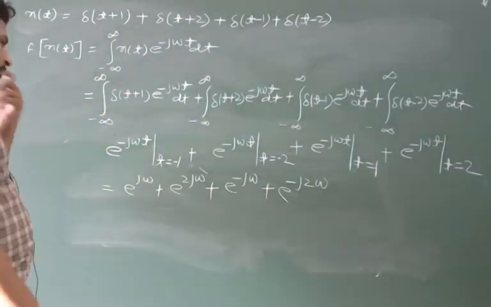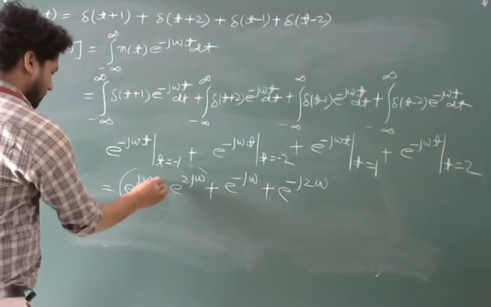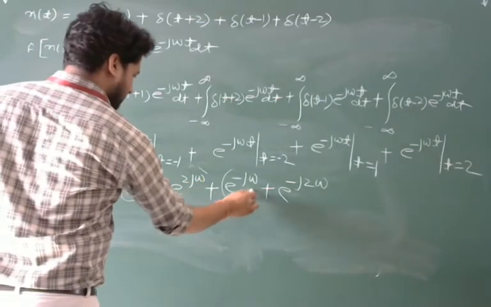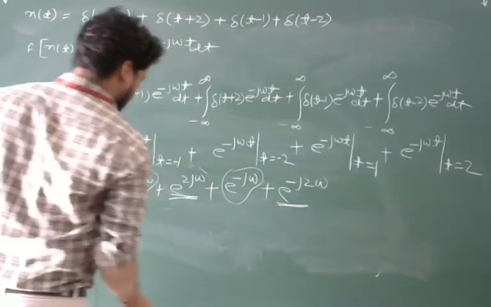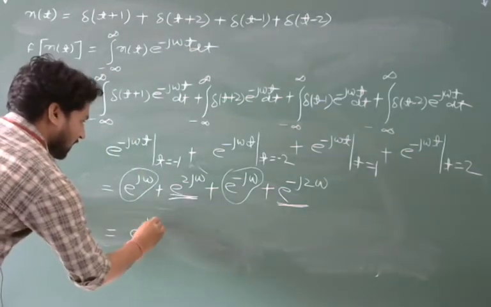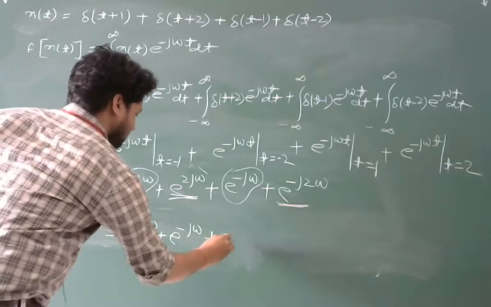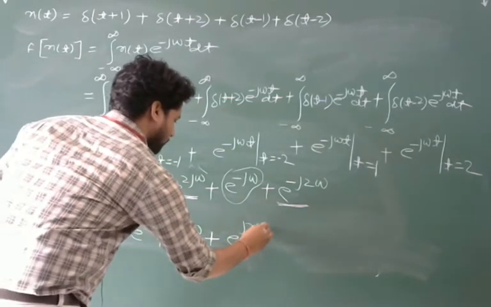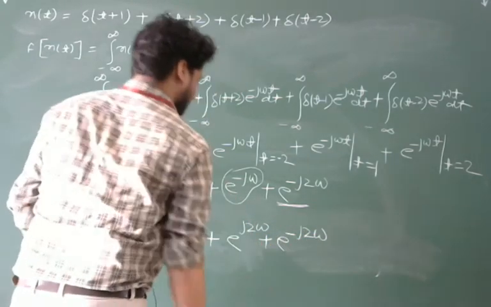Now we can combine these terms, this term and this term, and this term and this term all together. This will become e^(jω) + e^(−jω) + e^(j2ω) + e^(−j2ω).